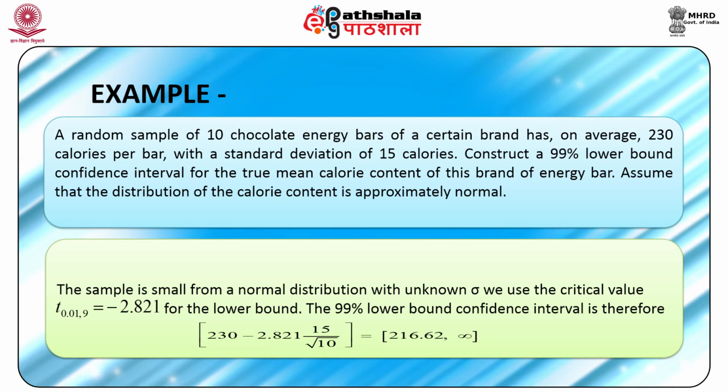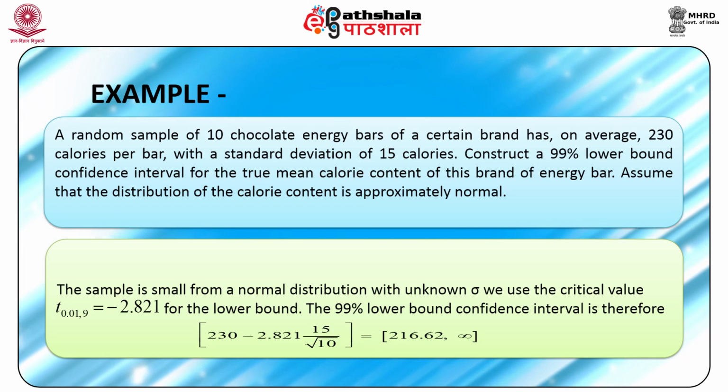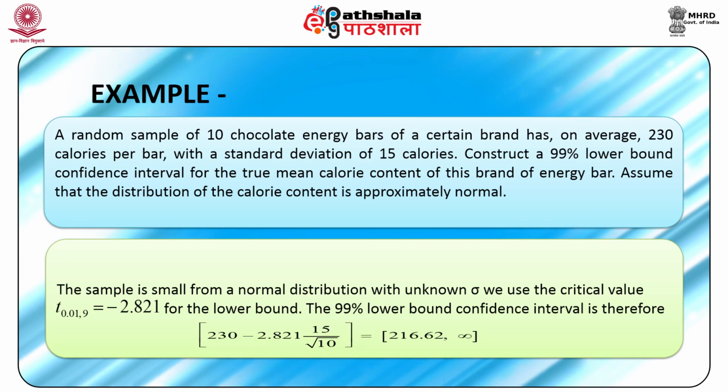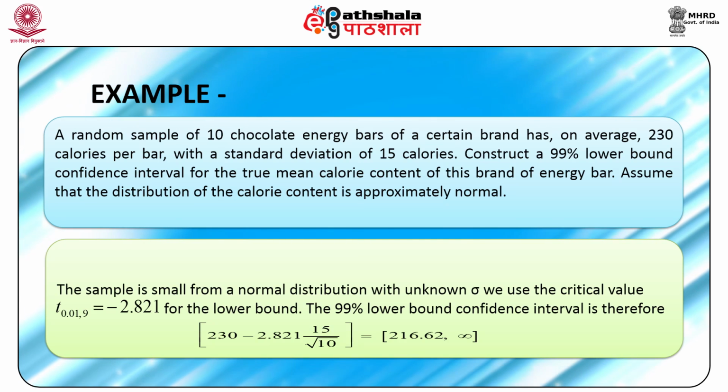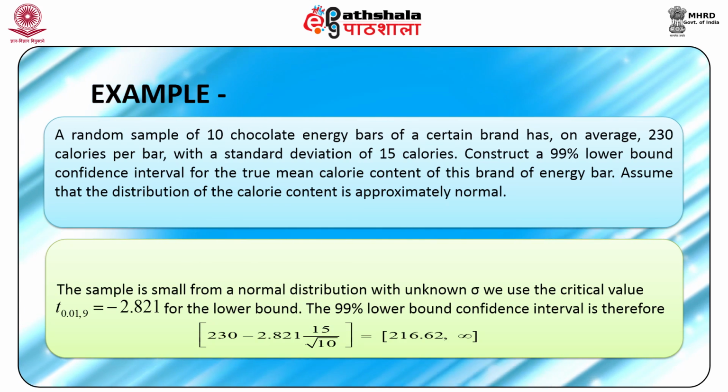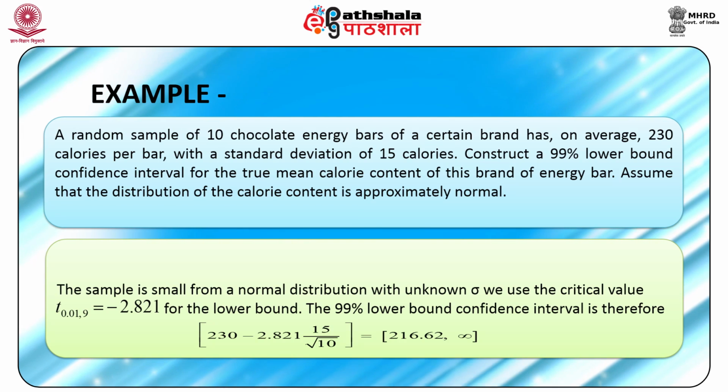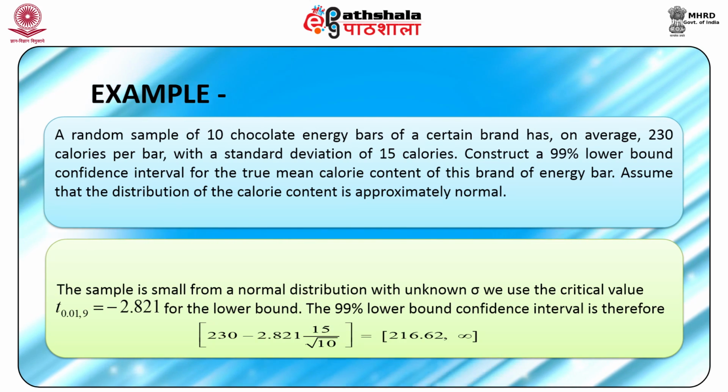The 95% lower bound confidence interval in that case would be equal to 230 minus 2.821 into 15 upon root 10, which gives us the value of 216.62. So our confidence interval now is from 216.62 to plus infinity, which is the upper bound in a way.